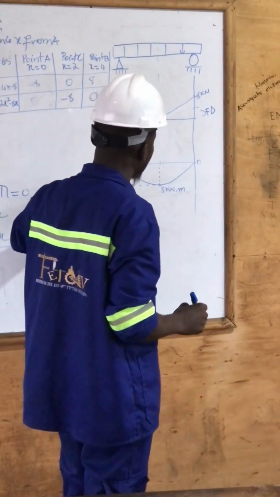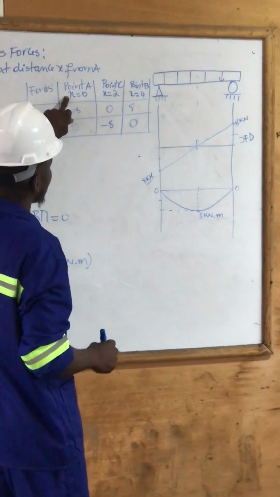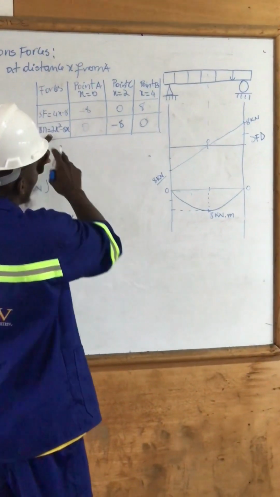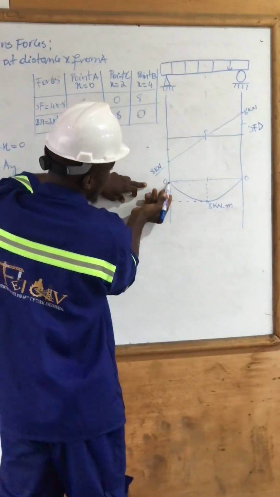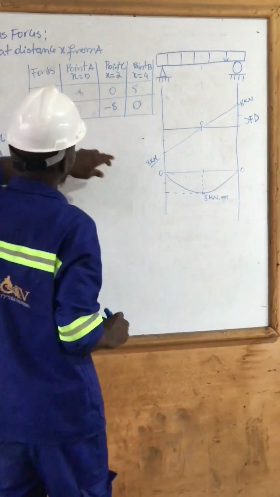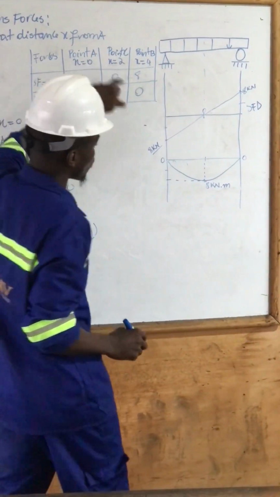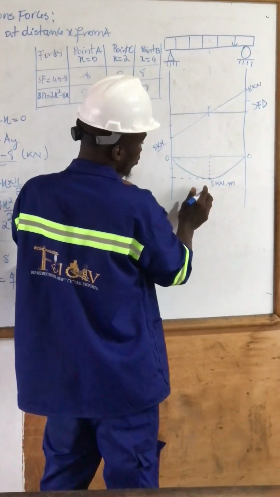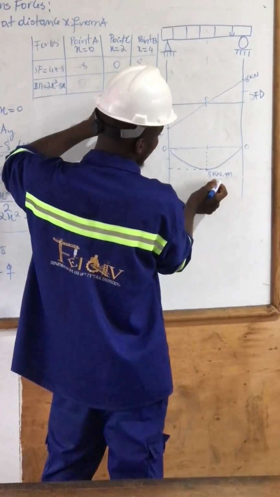And now for the bending moment diagram, at point A at x equal to 0, the bending moment will be equal to 0, so we are at this point. At point C, for x equal to 2, the middle span of the structure, the bending moment is negative 8 kilonewton meter.